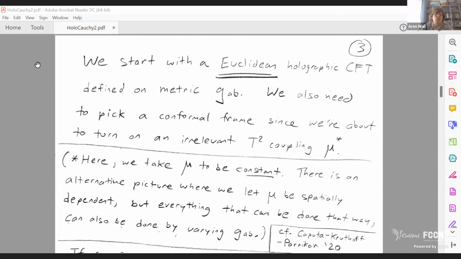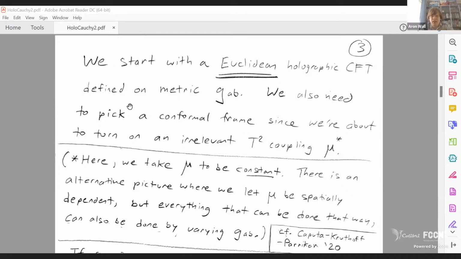All right, so what we're going to do is start now with a Euclidean holographic CFT that's defined on some metric g_ab. This could be whatever your favorite AdS/CFT duality is. We could say, for example, N=4 super Yang-Mills in Euclidean signature.